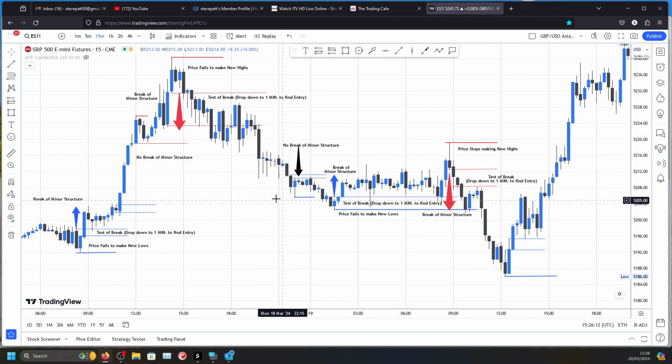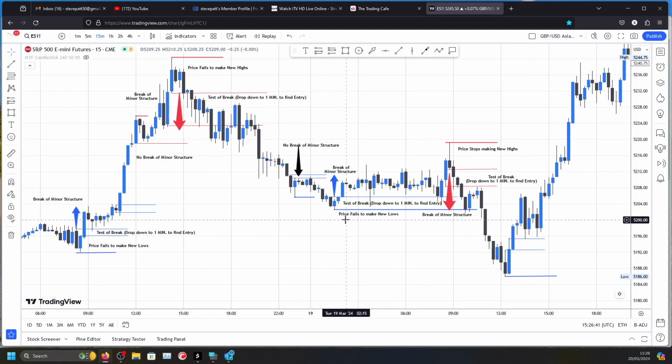And then I was asked about this point here, where price failed to make a new low again from this candle. But again, you see, price fails to break above this candle and above this candle. If I'm going to see a break, I want to see a break and a close the other side of this.